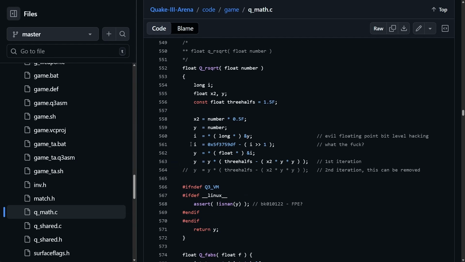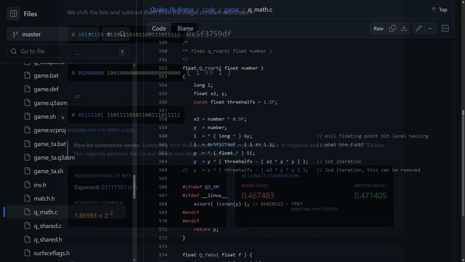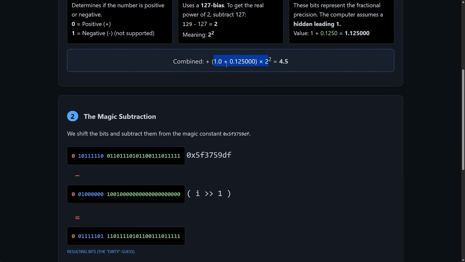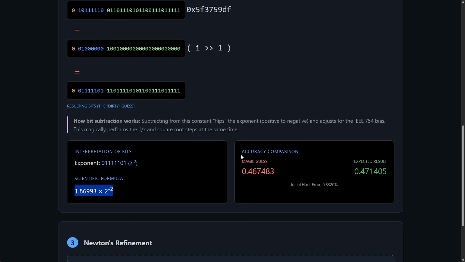The only thing we have to do now is convert our integer back into a float. So we are going to split our number again into our three sections. We have the sign, we have the exponent, and we have our fraction. Then we do exactly what we did here. And if you put this into a calculator, you get 0.467483.